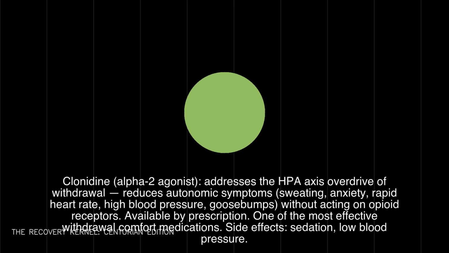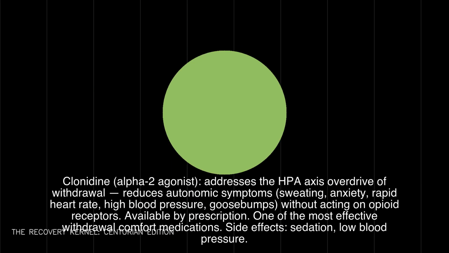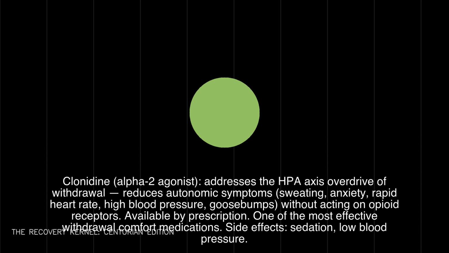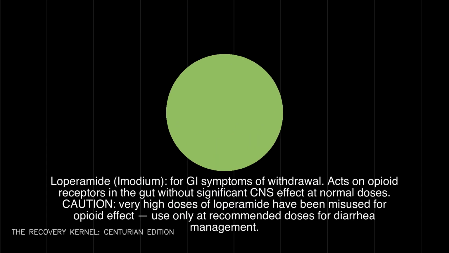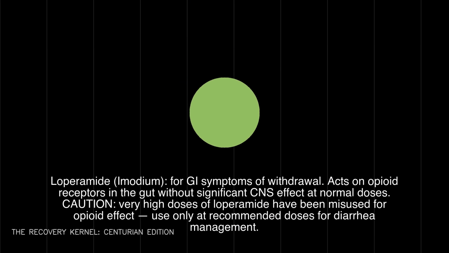Loperamide, Imodium, for GI symptoms of withdrawal. Acts on opioid receptors in the gut without significant CNS effect at normal doses. Caution: very high doses of loperamide have been misused for opioid effect; use only at recommended doses for diarrhea management. NSAIDs and acetaminophen, for the generalized pain and muscle aches of withdrawal.